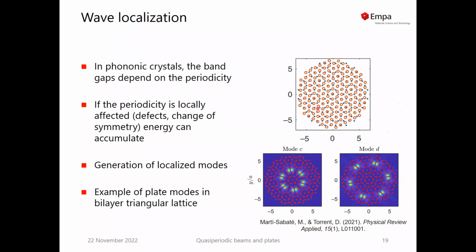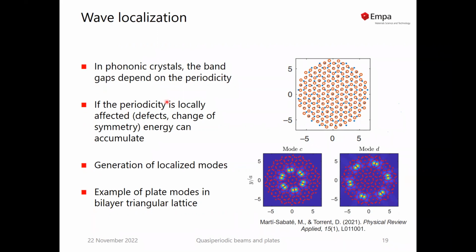Marty Sabaté. You can overlap two periodic patterns, rotate one with respect to the other, which also leads to a not fully aperiodic, but a new structure with a much larger unit cell than the original one.